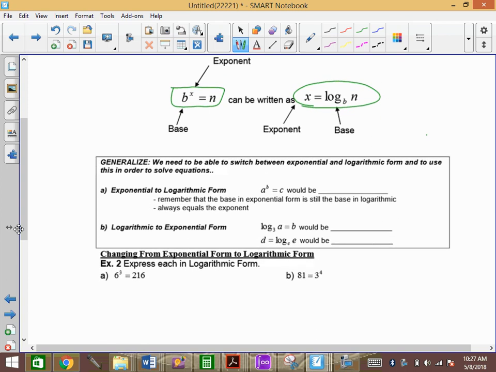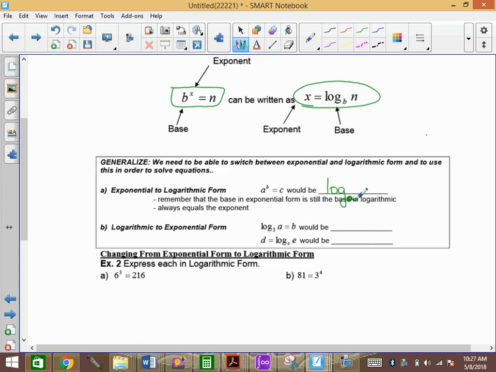We want to write it in log form. So the first thing I do is I write log, and then I write the base. What's the base of my exponent over here? A. So it's below. It's down here. It's like a subscript. It's not in line with the log. Okay? What's with the base in the exponential? A b. So I'm not going to put the b beside the log, because what's with it over here can't be with it with the log.